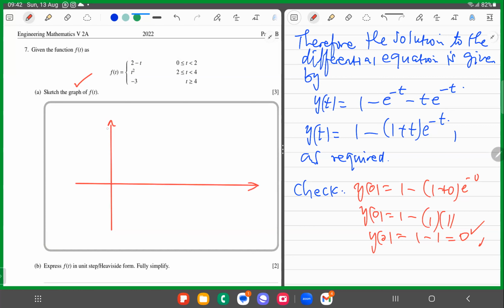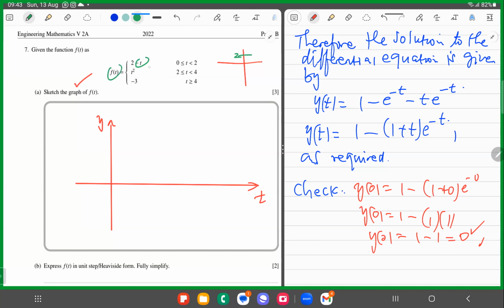So if this one, for instance, is like a y and a t, how do you sketch this function? To sketch this function, you're going to start by sketching this one here. If t is 0, then y is 2.